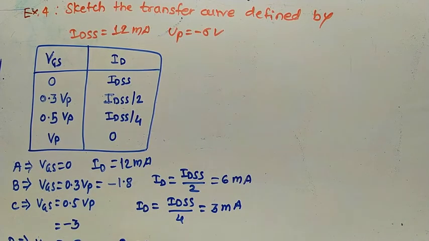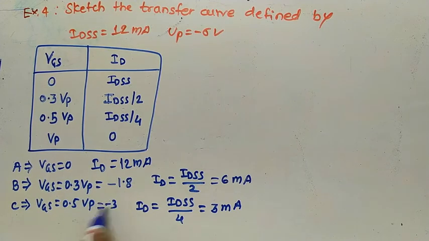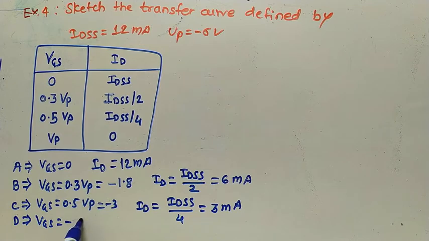So point D is VGS equal to minus 6 volt, ID is 0. With the help of these values we are going to plot the characteristics.